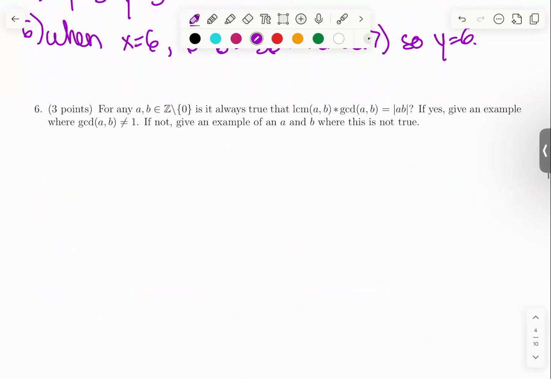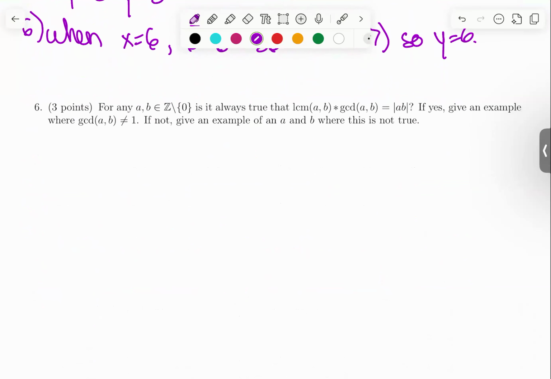For any a, b in the integers minus 0, is it always true that LCM times GCD is the absolute value of a times b? So the answer is yes. And they said, if yes, give an example where the GCD of a and b is not 1. So the GCD of 2 and 4 is 2, right?